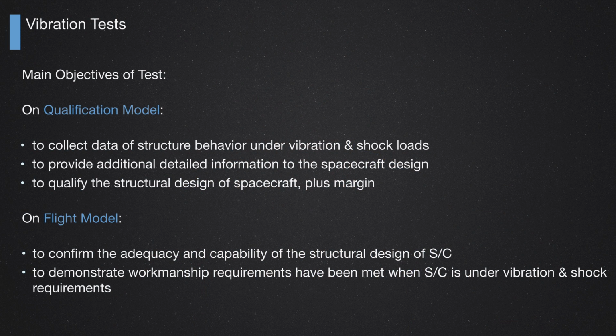But on the flight model, we also do vibration tests. Here we just confirm the adequacy and capability of the structure design of the spacecraft. We qualify the qualification model; here we do just the acceptance of the spacecraft. Also important, we demonstrate that the workmanship requirements have been met when the spacecraft is under all the vibration and shock stresses.